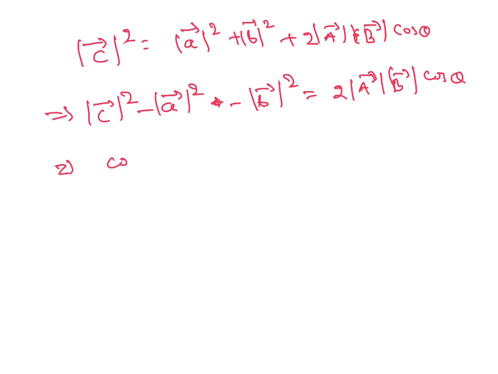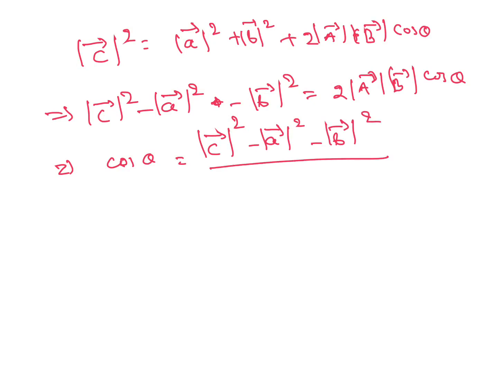So cos theta is C square minus A square minus B square divided by 2 into A magnitude into B magnitude.